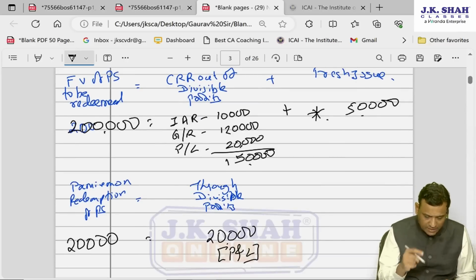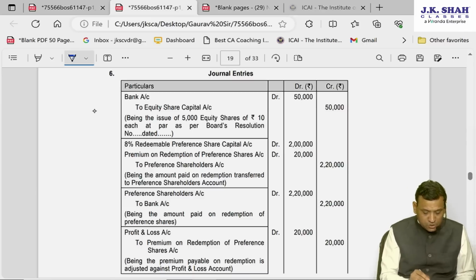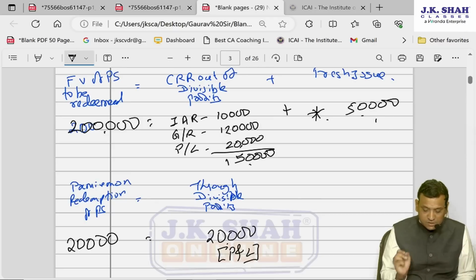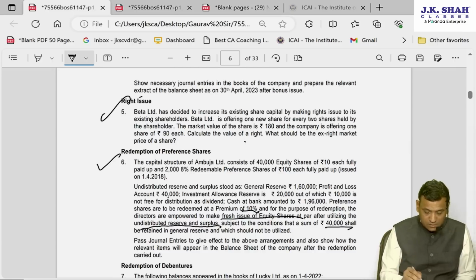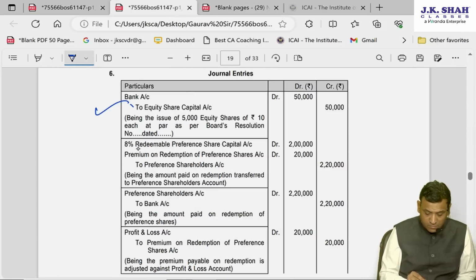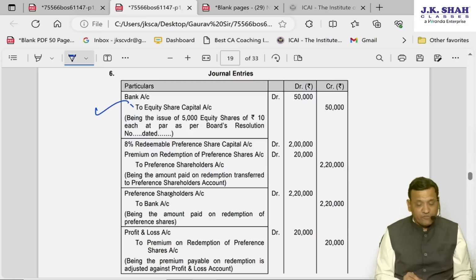Okay, so friends, that is the solution here. This is the only important area what we had. So bank account debit to equity share capital 50,000 pertaining to this. This is FV, which is nothing but face value. Then 8% redeemable preferences 2 lakh, premium on redemption account debit 20,000 to preference shareholders, preference shareholder account debit to bank.